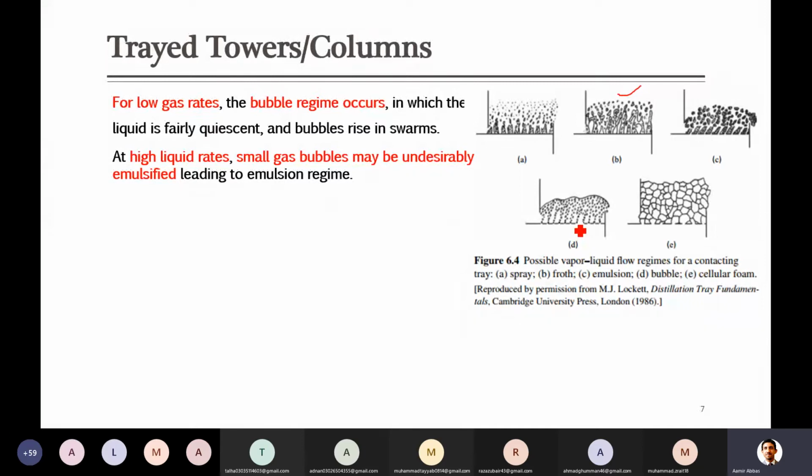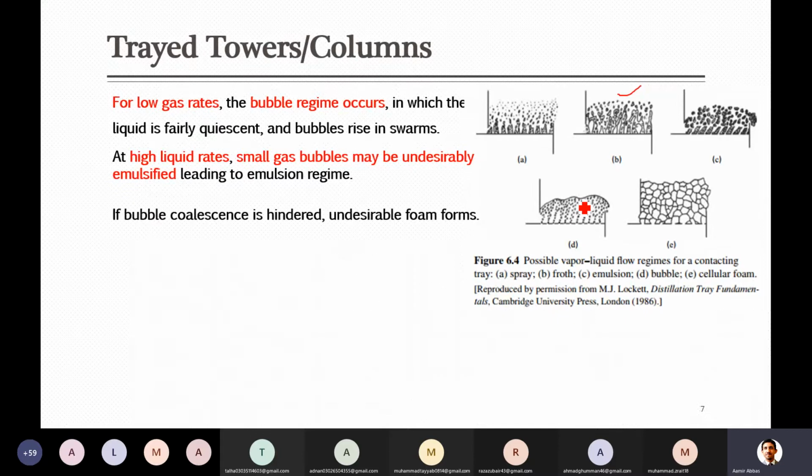What happens is that when a small amount of gas passes through the liquid, it is trapped inside the liquid. It doesn't have that high pressure. In the case previously discussed, the gas can escape from the liquid, but in this case it is trapped inside the liquid in the form of small droplets, and it can't move out, or only a very small amount will move out. So this again is not favorable for mass transfer.